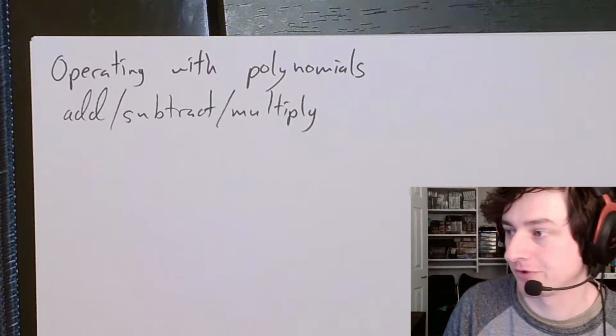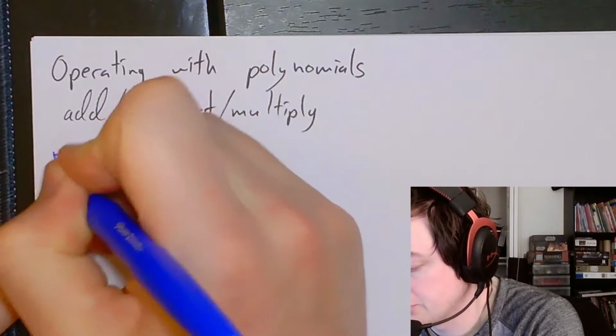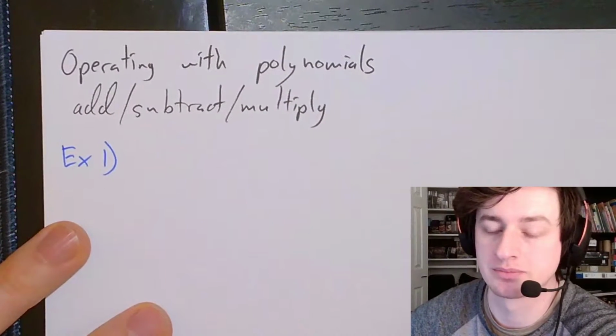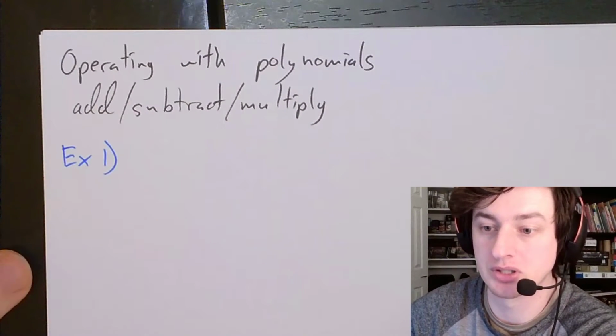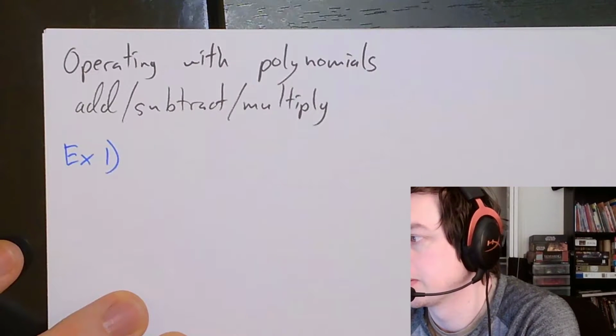Okay, so first example. I don't have notes of defining things or something really new for this specifically. We're just going to do a bunch of math examples here. All right.